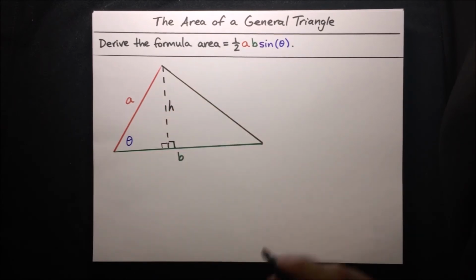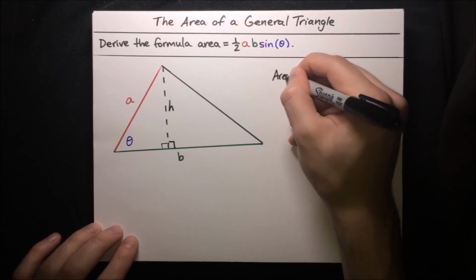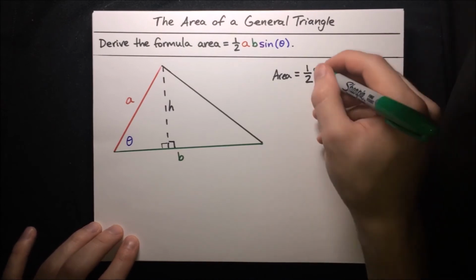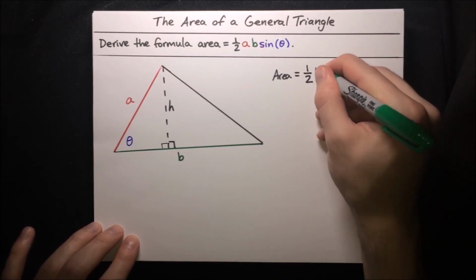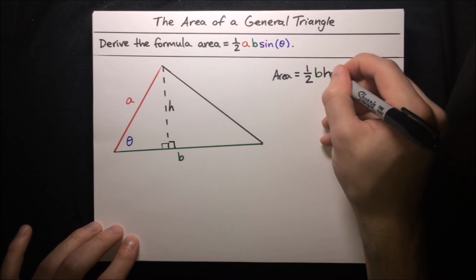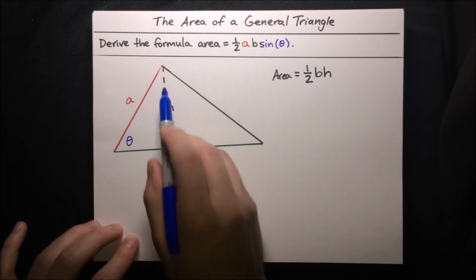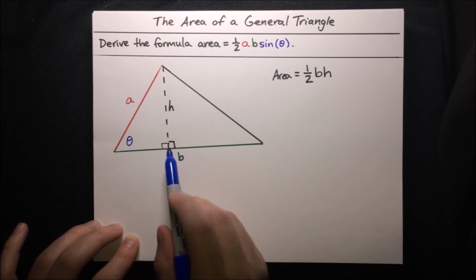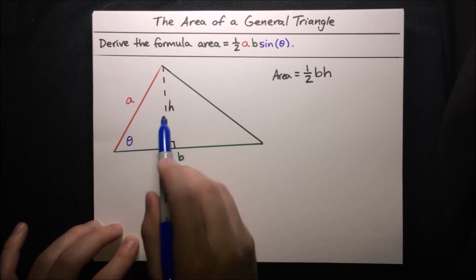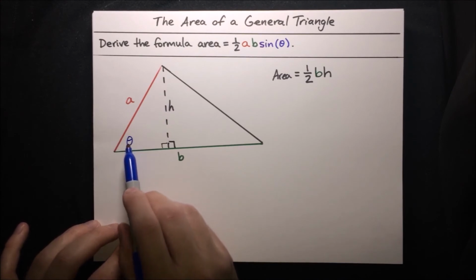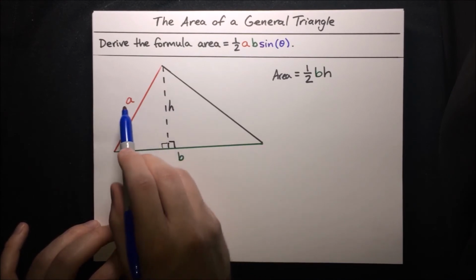Now we know, of course, that the area of a triangle is equal to 1/2 times the base, which is b here, and then times the height. Now what we're going to do is write the height in terms of the other variables a and theta. So just look in this right triangle here. We can use trig functions here. What trig function relates h to a for this angle? In other words, what trig function relates the opposite side to the hypotenuse?